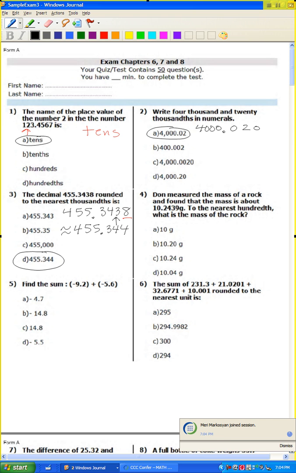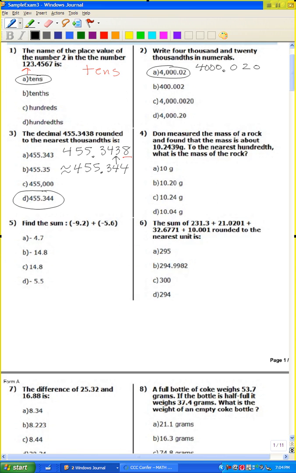Let me look at problem number 4. Don measured the mass of a rock and found that the mass is about 10.2439 to the nearest hundredth.